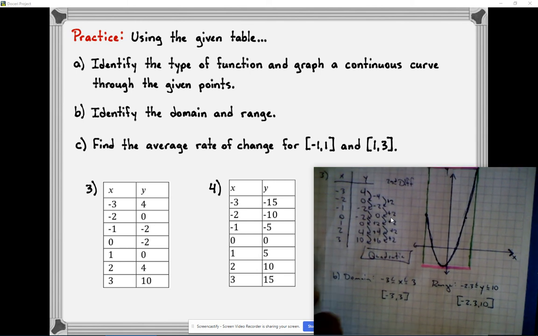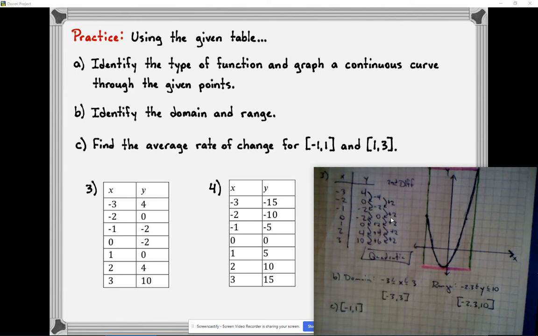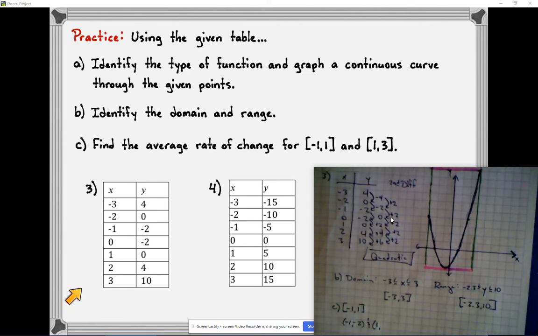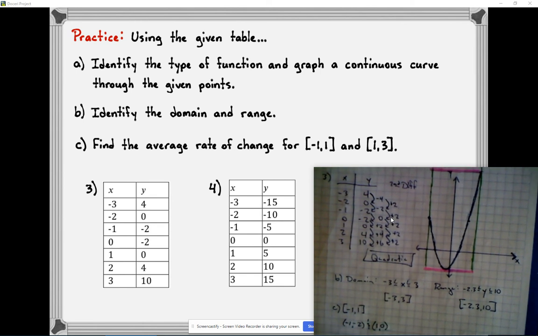For the last part, it says to find the average rate, or remember the slope, over these intervals. Since I'm looking for the slope from negative 1 to 1, the first thing I have to do is identify the coordinates for those two things. The first coordinate, if I look at my data, is negative 1, comma, negative 2. And my next coordinate is 1, comma 0. So we're going to find the slope between those.